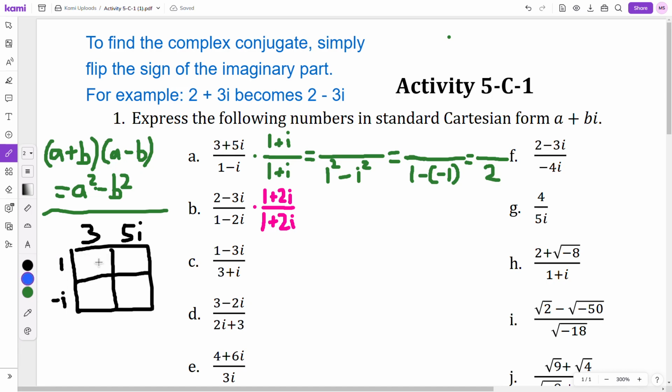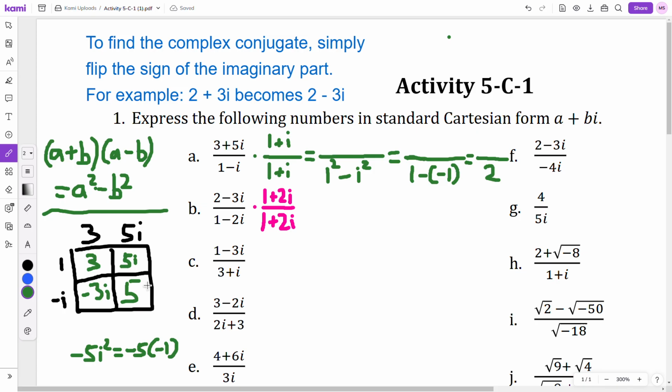So here 3 times 1 is 3. 5i times 1 is 5i. 3 times negative i is negative 3i. And 5i times minus i is minus 5i squared. Why did I not write it in the box? Because I want to simplify that first. This is minus 5 times minus 1, and that is actually positive 5.